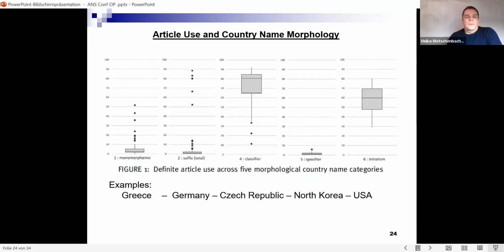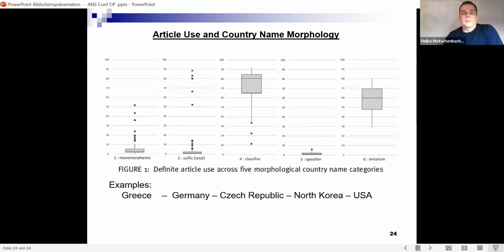Then category 2, the suffix forms also have very low rates, but you see that there are quite a few outliers here. The dots on top of the boxes are the outliers. And also for monomorphemic names, category 1, we have low definite article rates. On the other hand, we have very high article rates for names involving classifier nouns like Czech Republic, and for the abbreviated names.